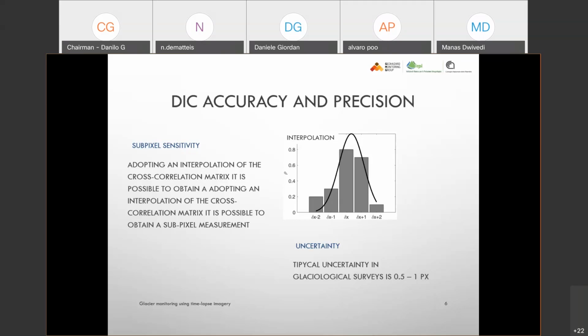However, in glaciological applications, the typical uncertainty of digital image correlation is approximately one pixel.